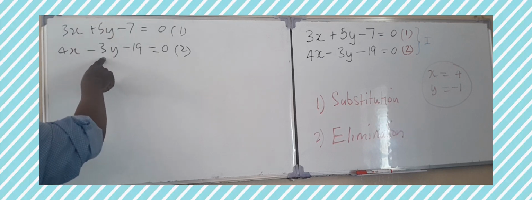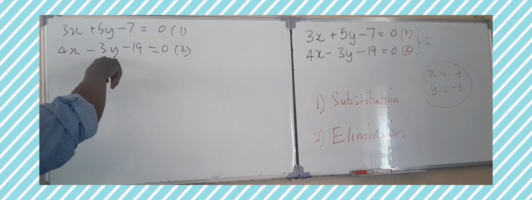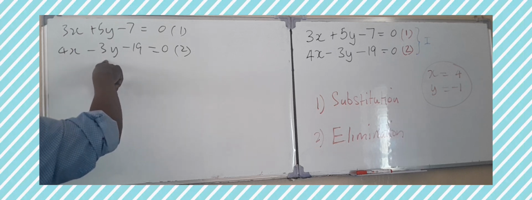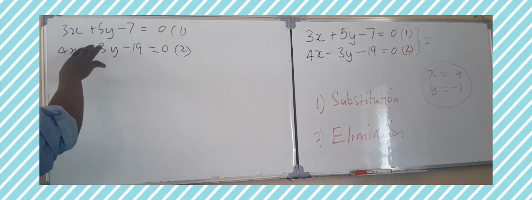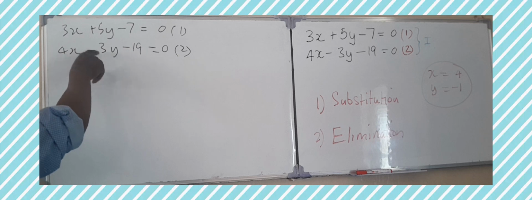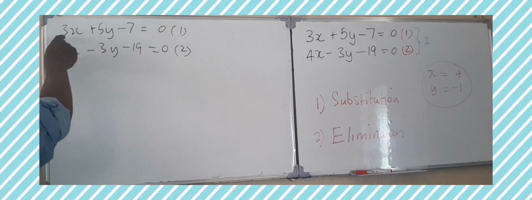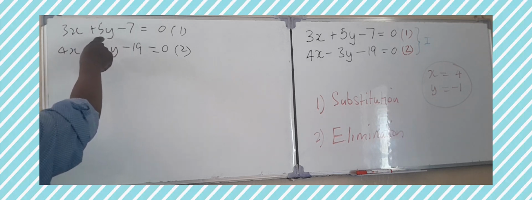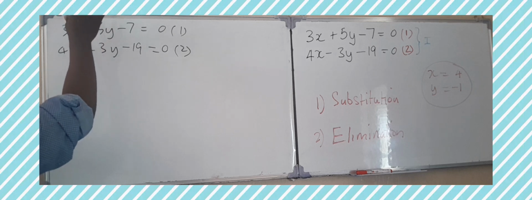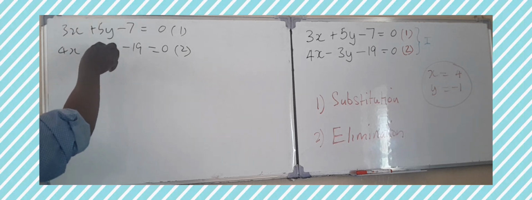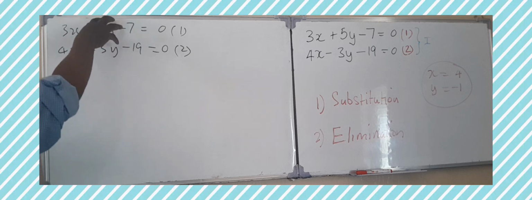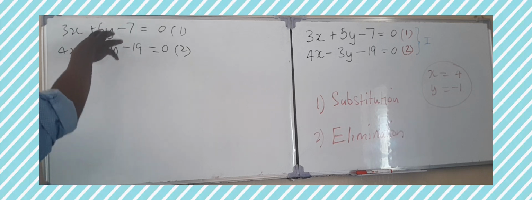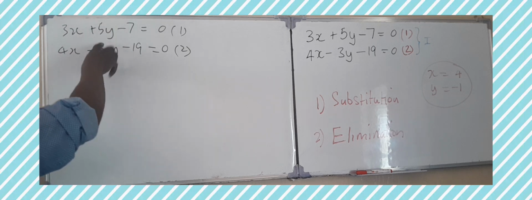The coefficient of y in the second equation is 3. So we try and find a common multiple of both 3 and 5, such that when we multiply the first equation by a certain factor and the second equation by another factor to give us that multiple, we can add the two or subtract one equation from the other and eliminate y.